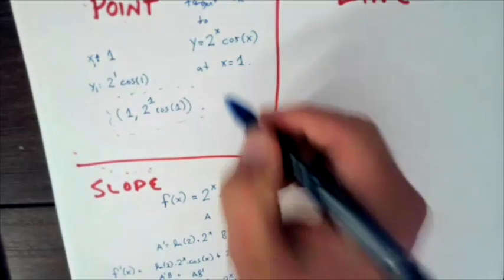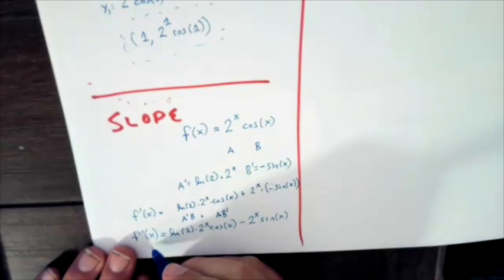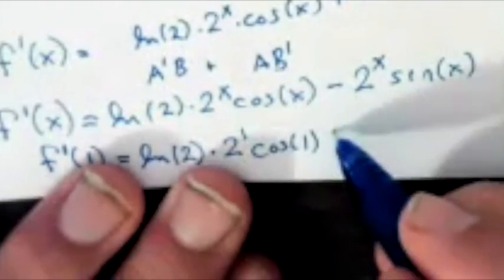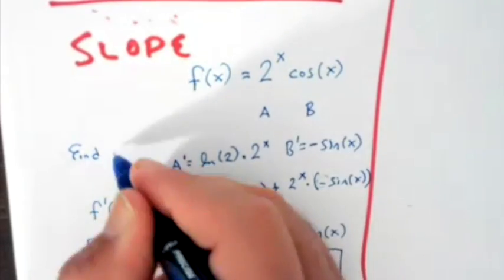My particular x value is at x equals 1. So now I'm looking for f prime of 1, which will be natural log of 2 times 2 to the 1 cosine of 1 minus 2 to the 1 sine of 1. So this is my slope.